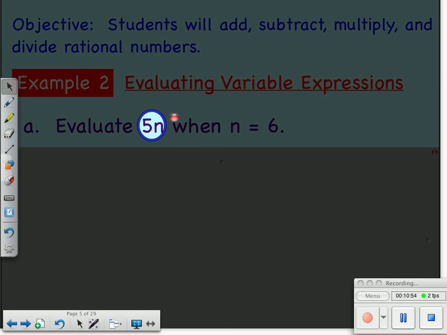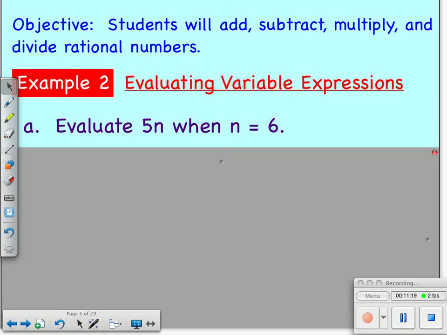What that means is anytime you have a number right next to a variable, n is the variable, it means multiply every time. So every time you see this, you need to think in your head 5 times n. 5 times n. Okay?